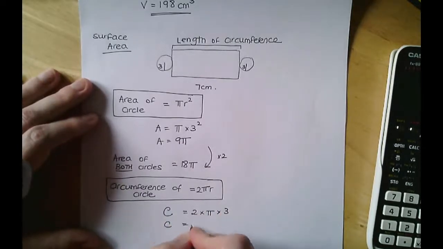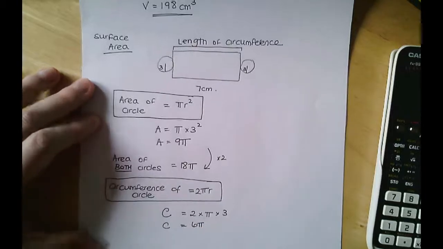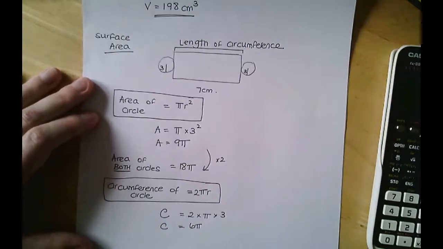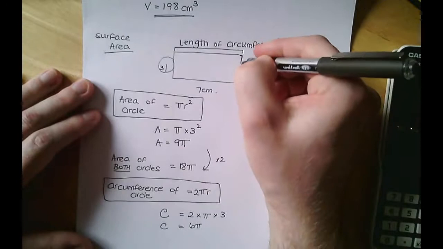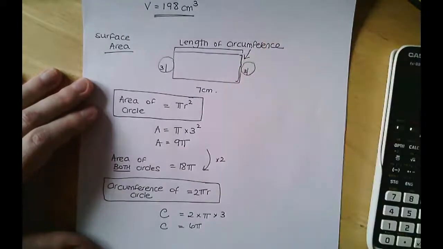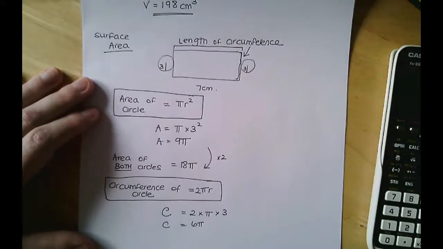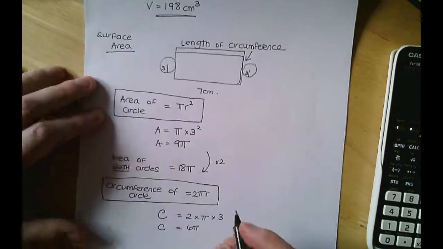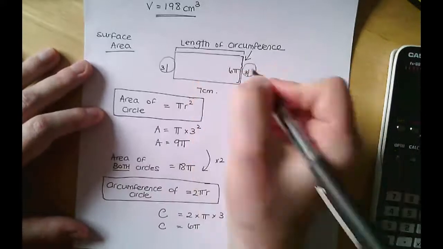So the circumference is 6 pi. Sorry, it's actually that bit there that is the length of the circumference. So that bit there is 6 pi.